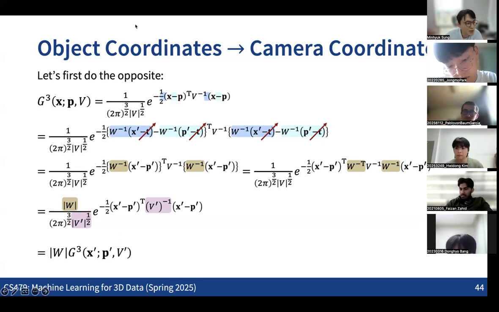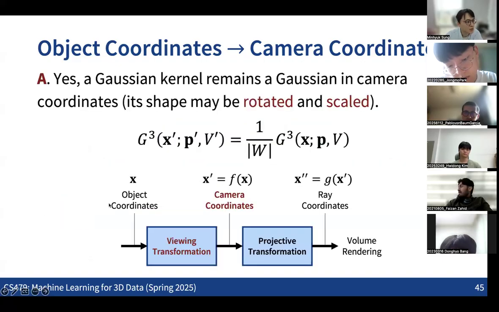From this derivation, we can see that the Gaussian kernel defined in the object coordinates, when converted to the camera coordinates, still remains a Gaussian kernel, while it looks like we are applying some kind of rotation and scaling. The scaling term can be seen here.